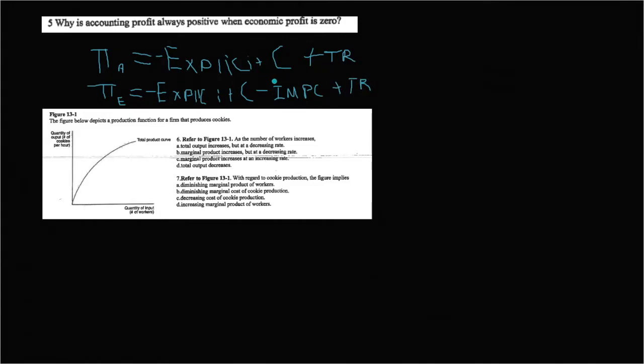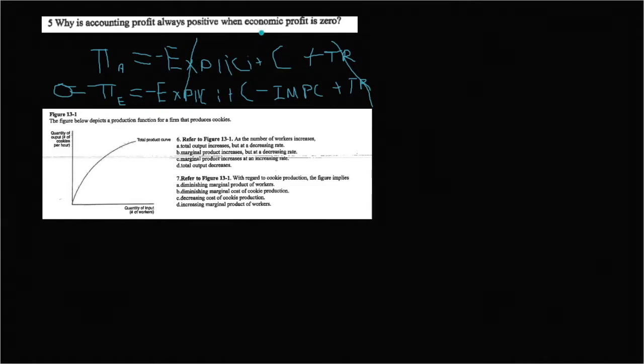So if we're comparing these, if this one is 0, then this is the same, but the implicit costs will mean our accounting profit is positive. There is no better opportunity, so we are making positive accounting profit because we are accounting for any other opportunities that we have.